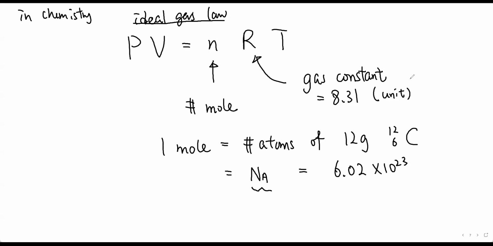There's some unit here, okay? I'll just ignore the unit. So T is the temperature. Now remember the temperature should be in Kelvin. If you use degrees Celsius, you get everything wrong. The P is the pressure, V is volume, nothing else.